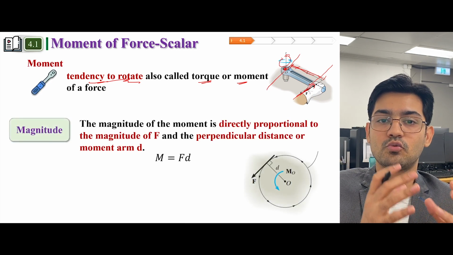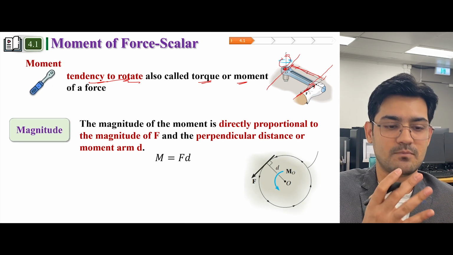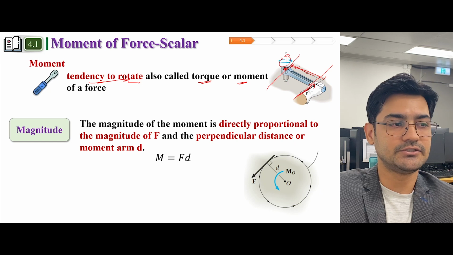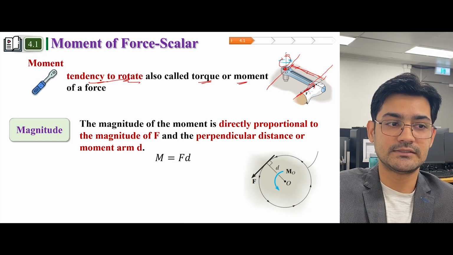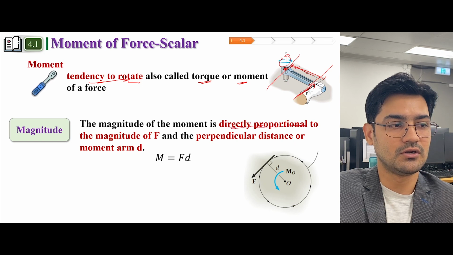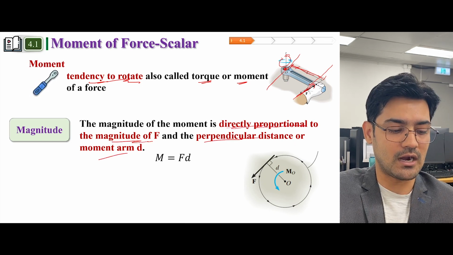Now, in order to quantify how much the moment is, we need to define its magnitude. The magnitude of a moment is directly proportional to the magnitude of force and the perpendicular distance, or moment arm.